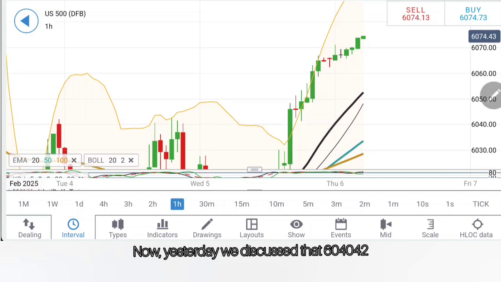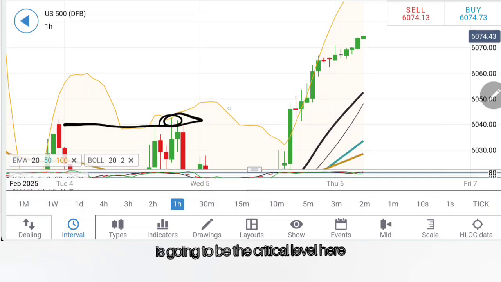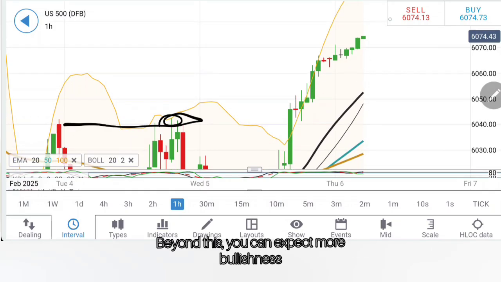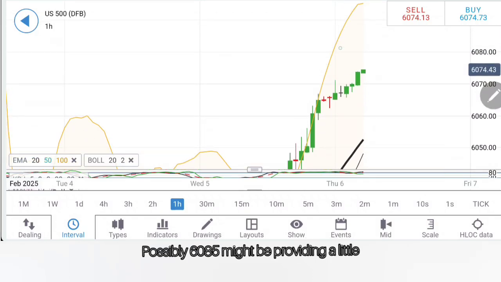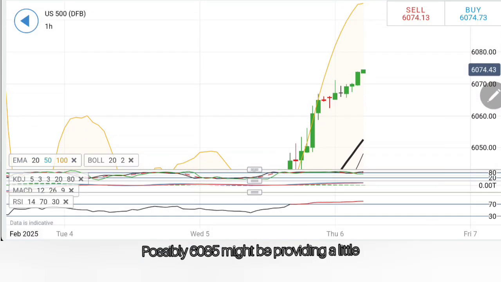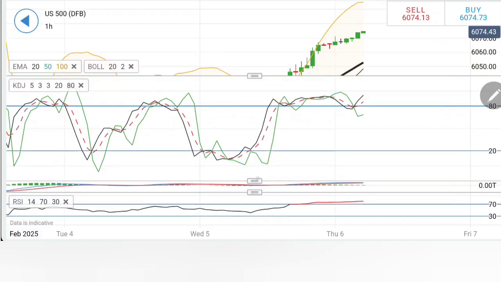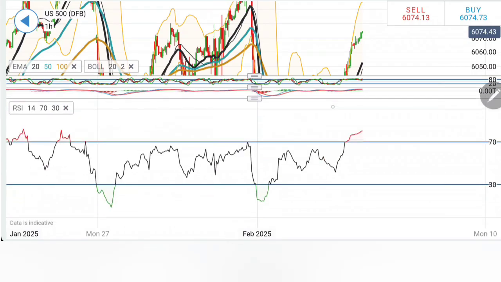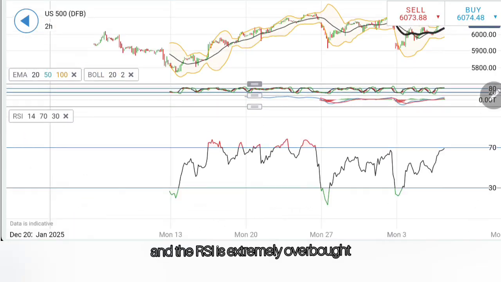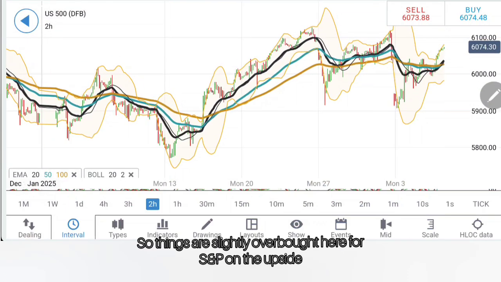Now yesterday we discussed that 6040 is going to be the critical level here. Beyond this you can expect more bullishness, and now it is looking upwards. Possibly 6085 might provide a little hurdle on the upside, and 6100 is a must. Stochastic overbought, MACD is in green, it has not yet crossed over for a sell, and the RSI is extremely overbought. So things are slightly overbought here for S&P on the upside.